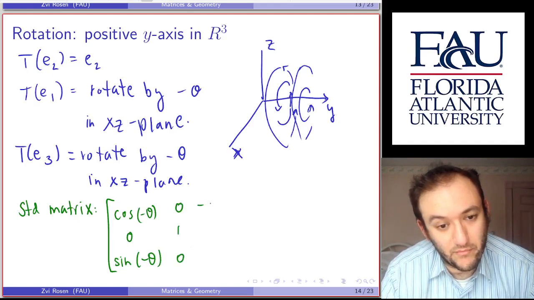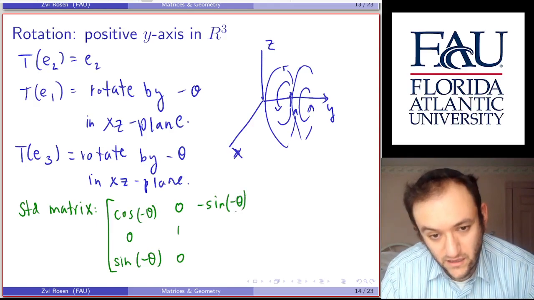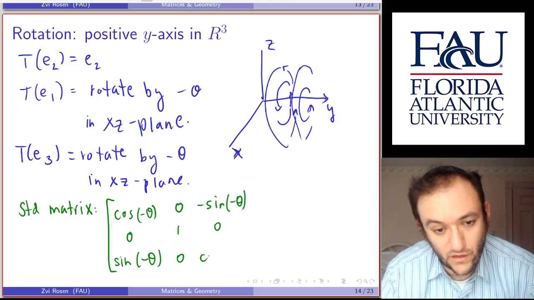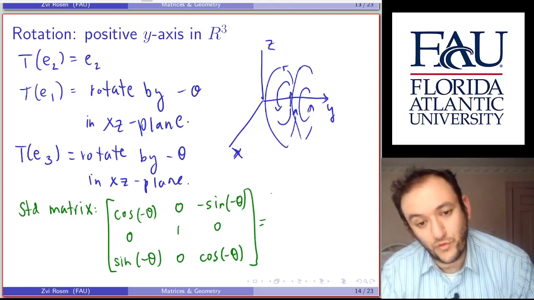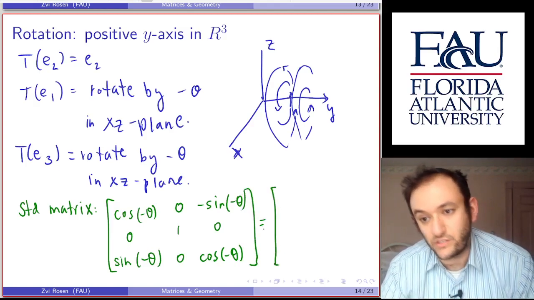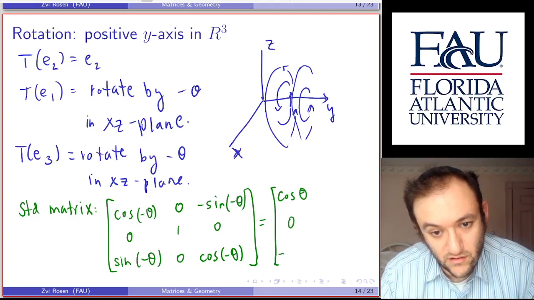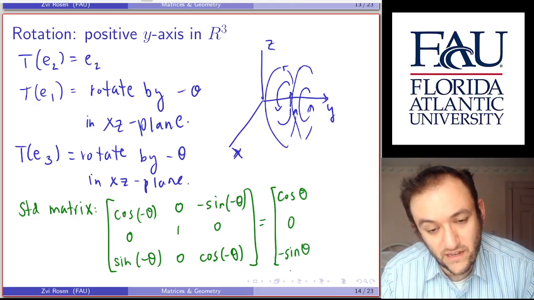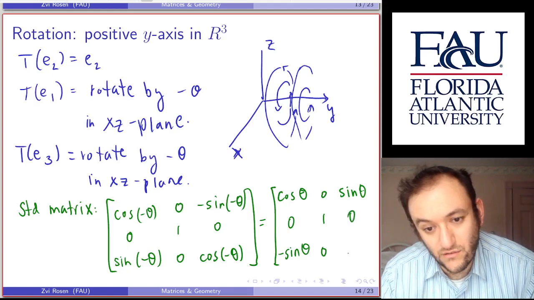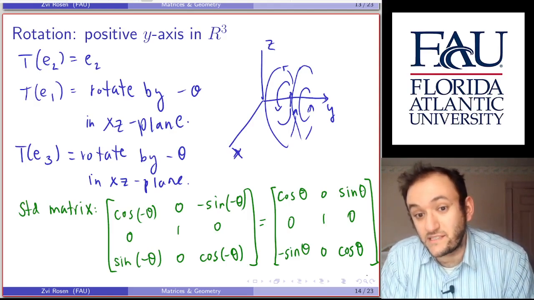And then we have minus sine of minus theta, 0, cosine of minus theta. Hopefully you remember that cosine is an even function and sine is an odd function, so we can get rid of these minus signs. Cosine theta, 0, minus sine theta, 0, 1, 0, sine theta, 0, cosine theta. And that's rotation about the positive y-axis.